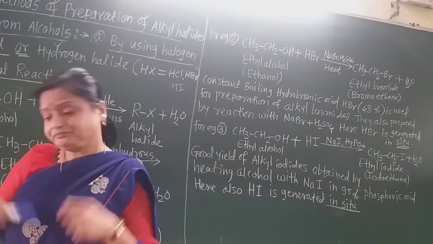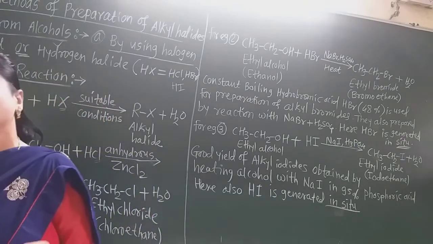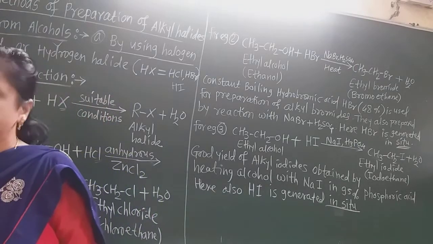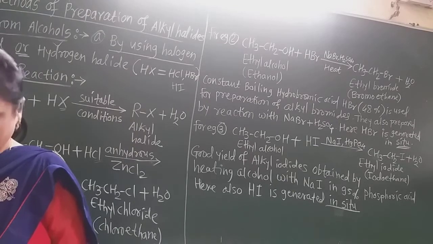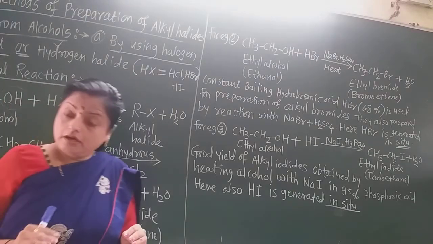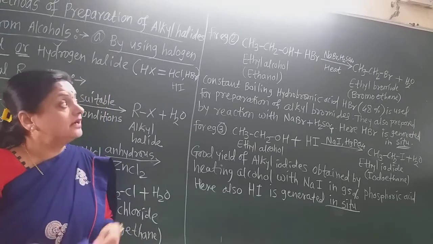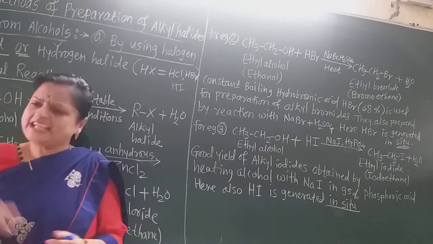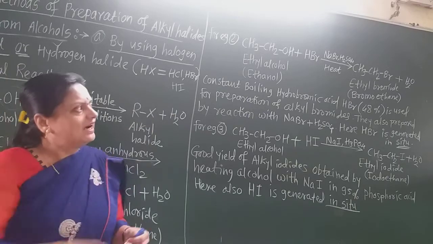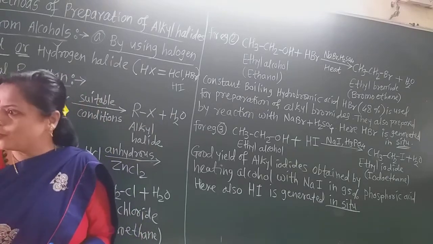That is very important. If we directly add the 48% HBr, there is still formation of alkyl bromide. Remember? And if we have to use the HBr in situ, then you must add NaBr plus H2SO4, slightly heat it, and you will get the alkyl bromides such as ethyl bromide.